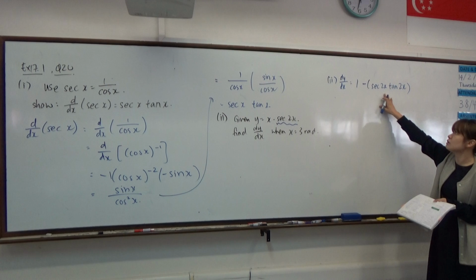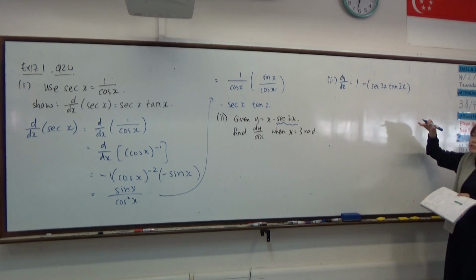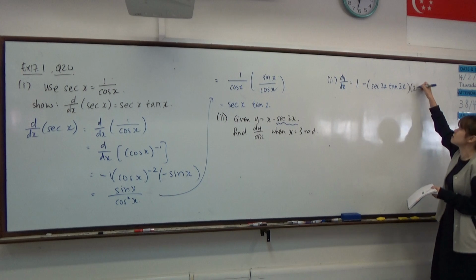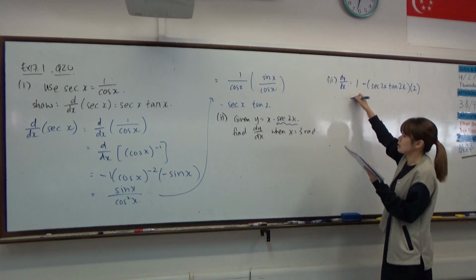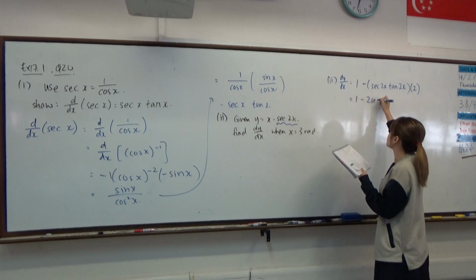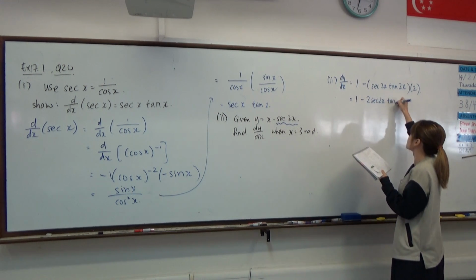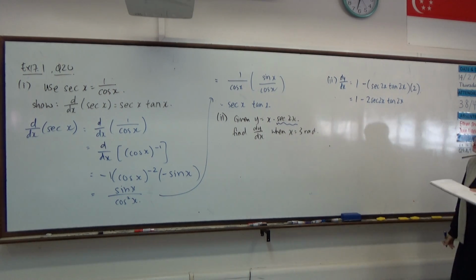The angle remains the same, 2x, but don't forget we need to differentiate what's inside the brackets. So 2x itself needs to be differentiated and that will be equal to 2. You understand what I'm saying? So therefore, the derivative will be 1 minus 2 secant 2x times tangent 2x.